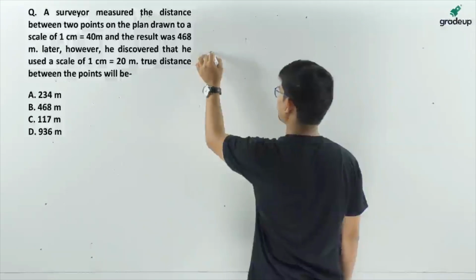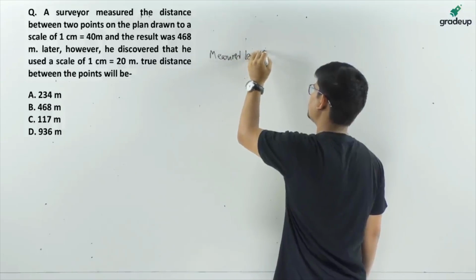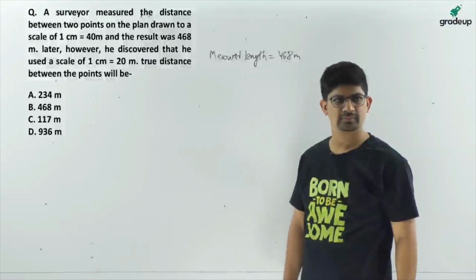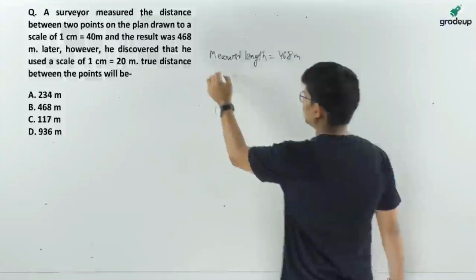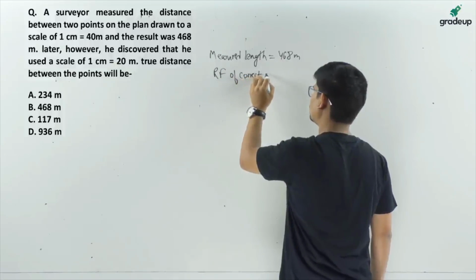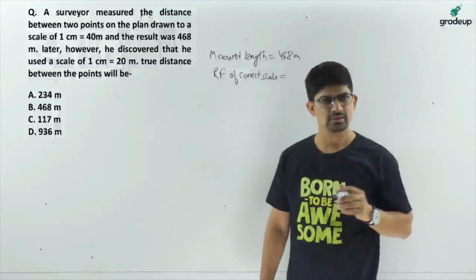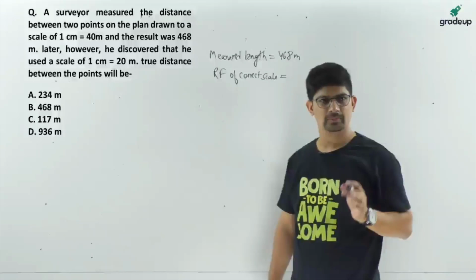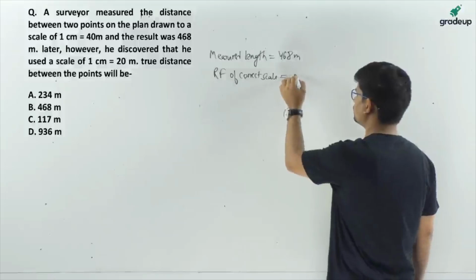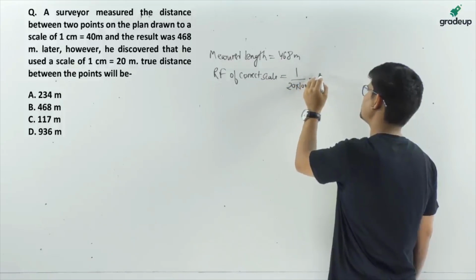So we will extract the data. See, measured length here is 468 meters, okay. Now if I want to get the RF of correct scale, so RF of correct scale is 1 centimeter is equal to 20 meter, okay. So RF will be 20 meters into 100 centimeters.